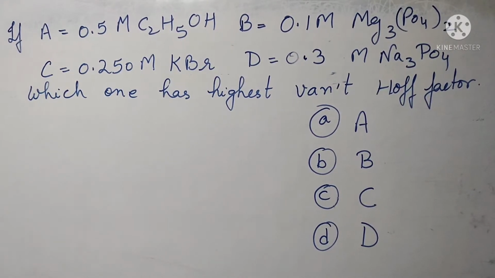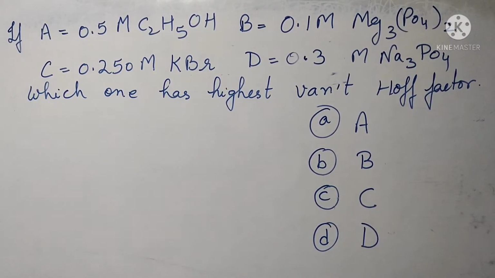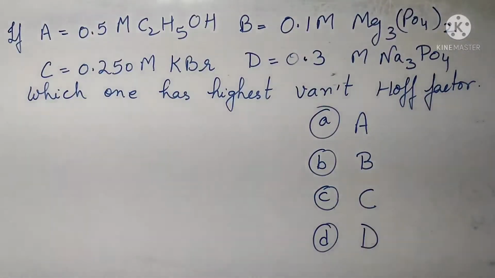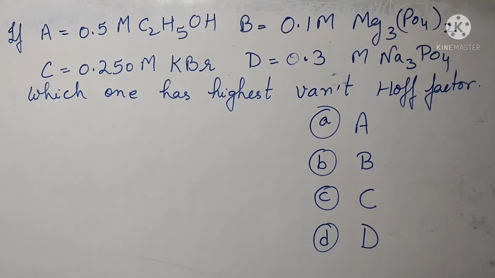Now watch the question. If A is 0.3 molarity C2H5OH, B is 0.1 molarity Mg3(PO4)2, C is 0.250 molarity KBr and D is 0.3 molarity Na3PO4, which one has the highest Van't Hoff factor? How will we do these types of questions?